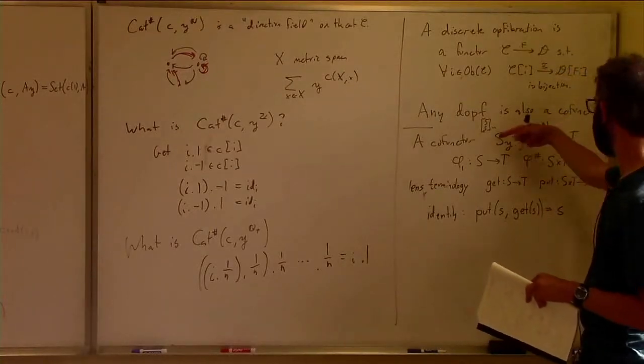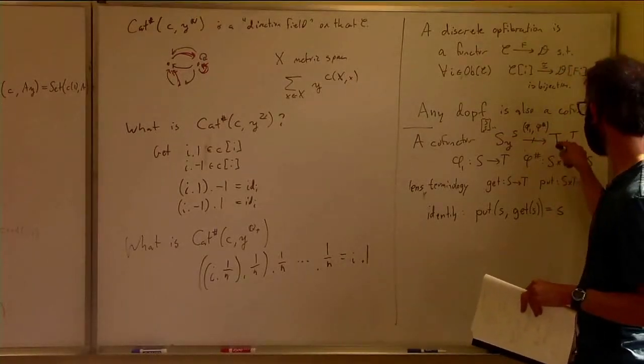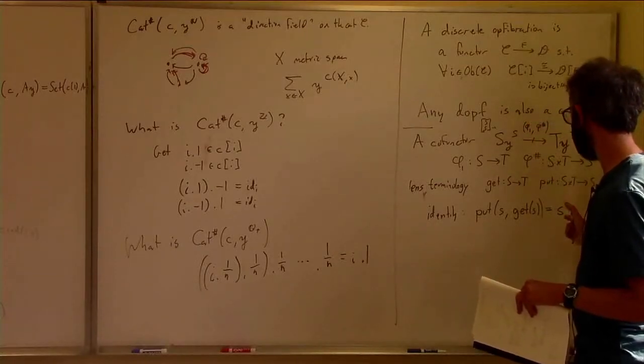So if we come back with the identity on where s goes, that should be the identity on s.